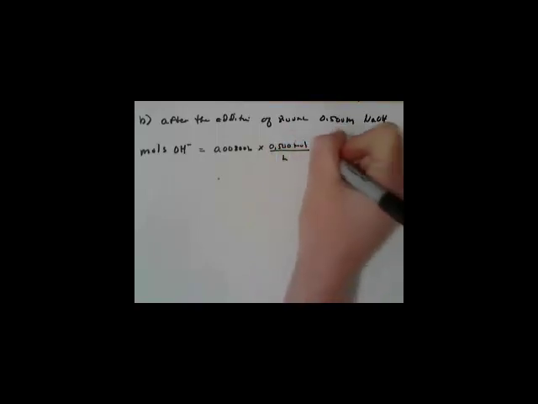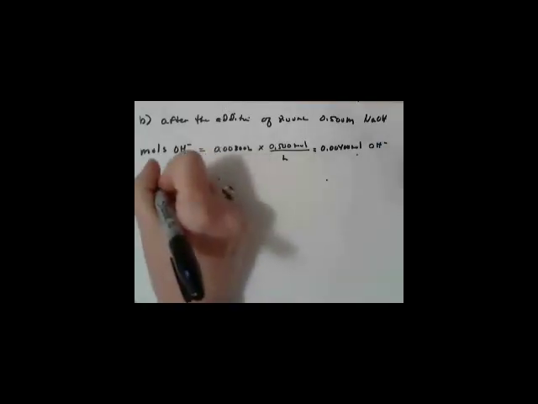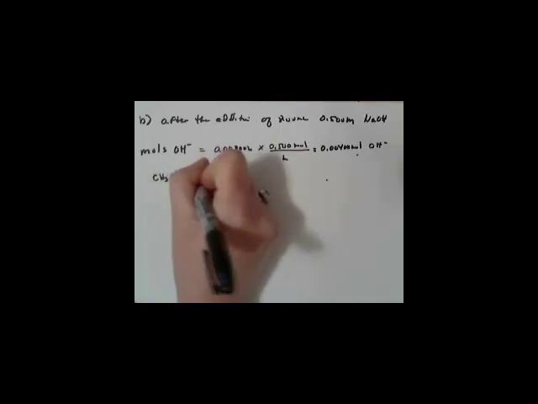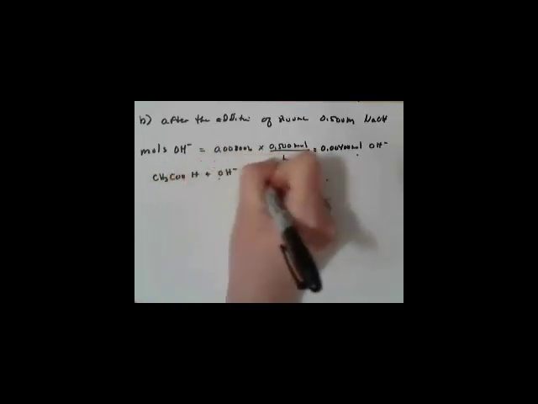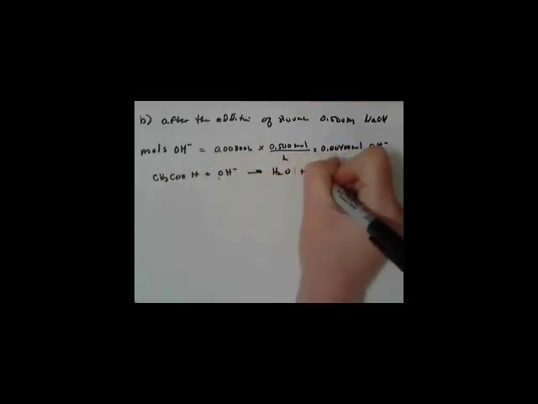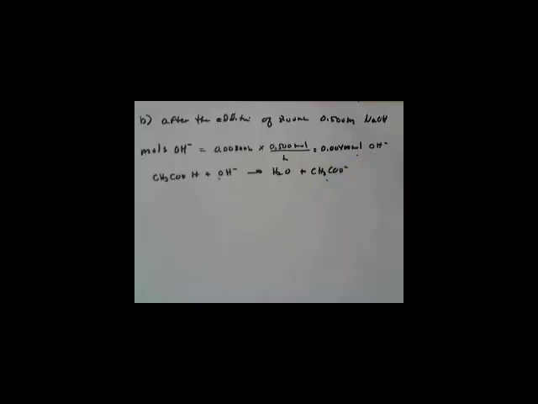This is going to give us 0.004 moles of hydroxide ion that has been added. So here's what we have at this point in the titration. Let me write my reaction: acetic acid plus hydroxide ion gives us water plus acetate ion.